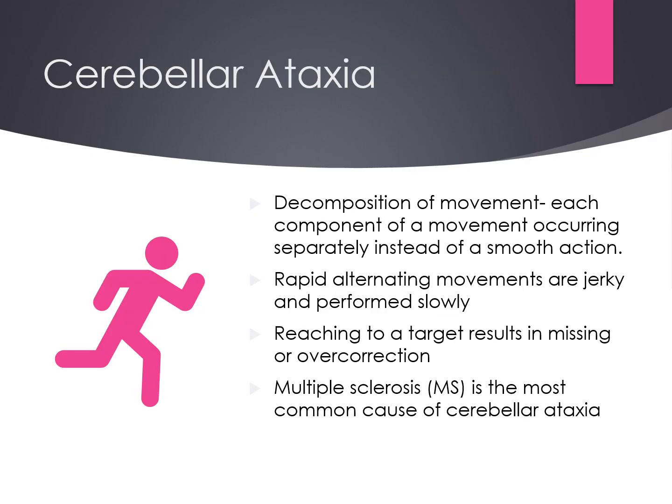In cerebellar ataxia, we get what we call a decomposition of movement. So instead of all of our movements being coordinated and happening together, each component of the movement is now happening completely separately. So movement doesn't look smooth and coordinated.